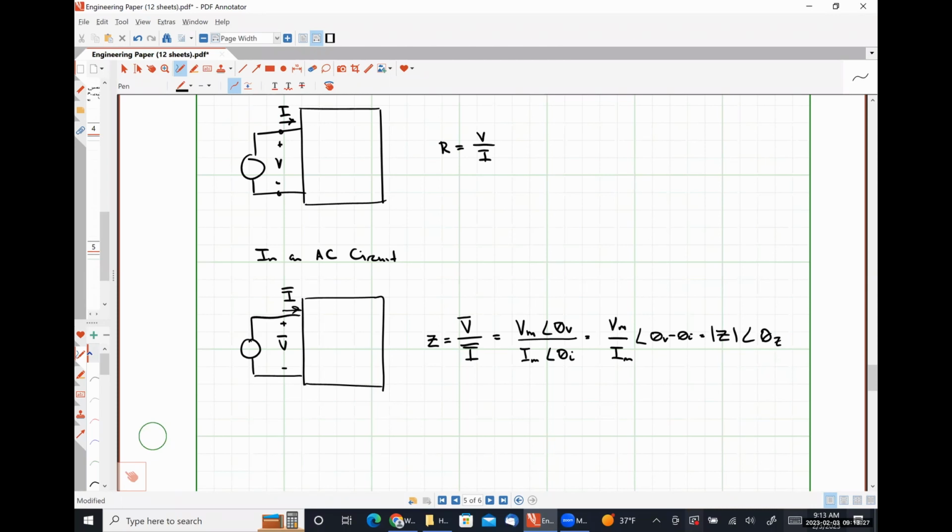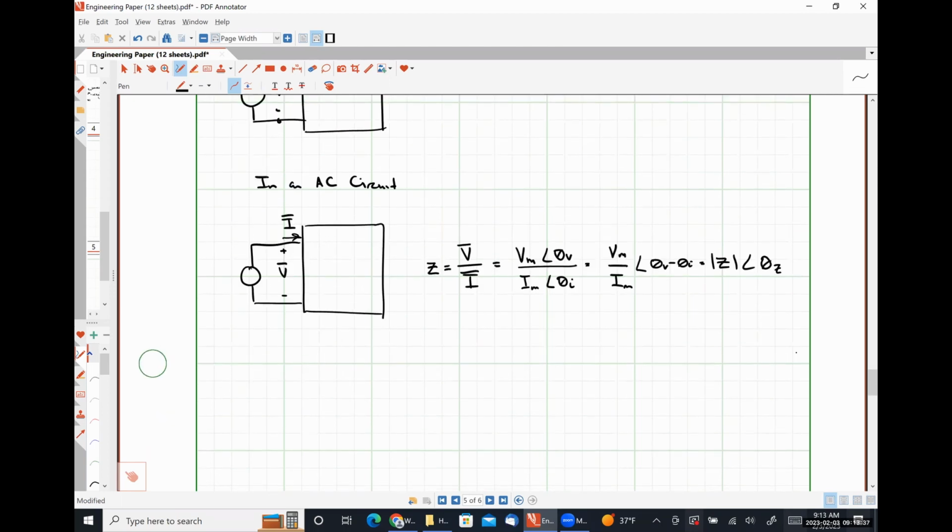Now, because it's a complex number, we can also represent it in a rectangular form, right?